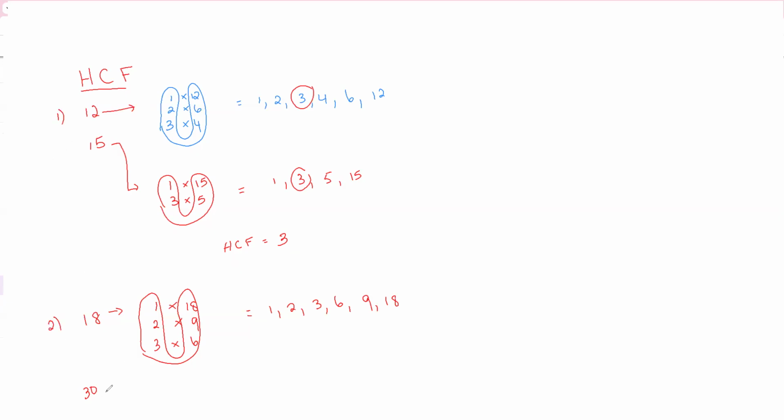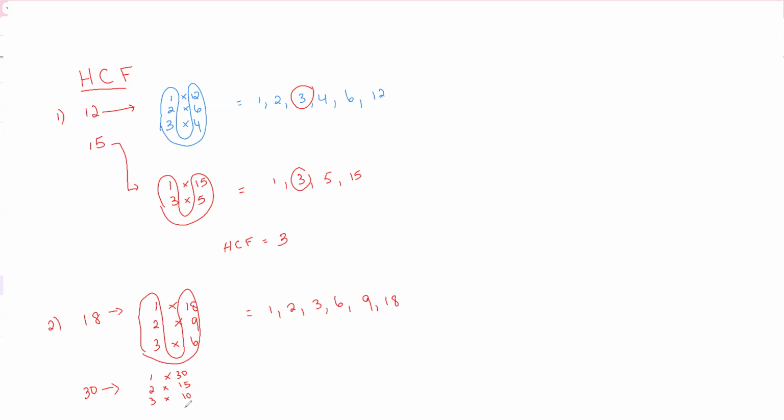Then we look at 30. So we have 1 times 30. I don't think I have enough space here to do it how I want. But let's see. So we have 1 times 30. 2 could go into it, yes. 2 could go into it 15 times. How about 3? Yes, 3 can multiply by 10 to give us 30.